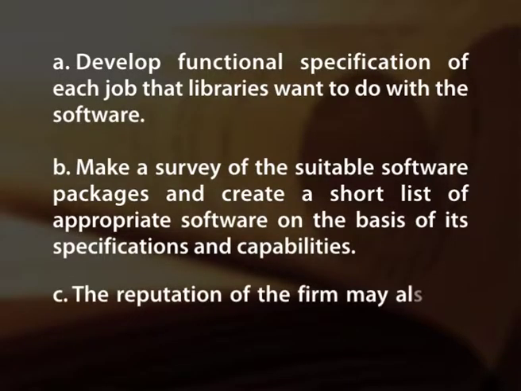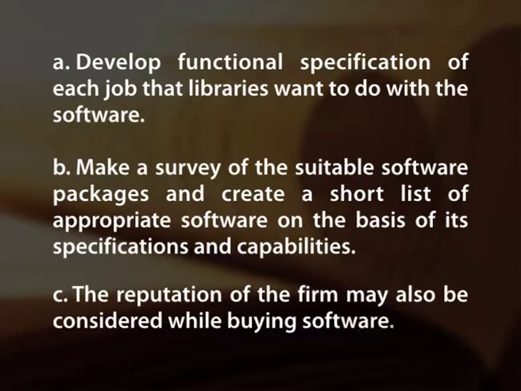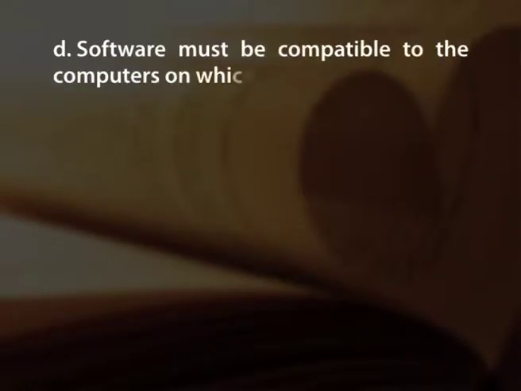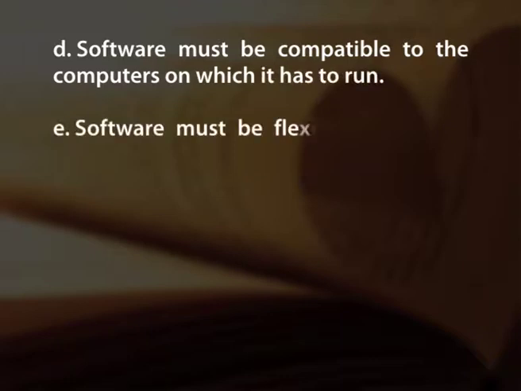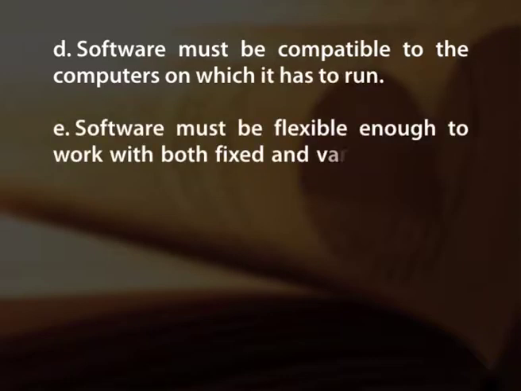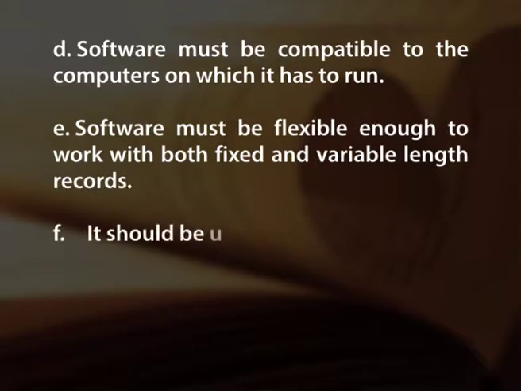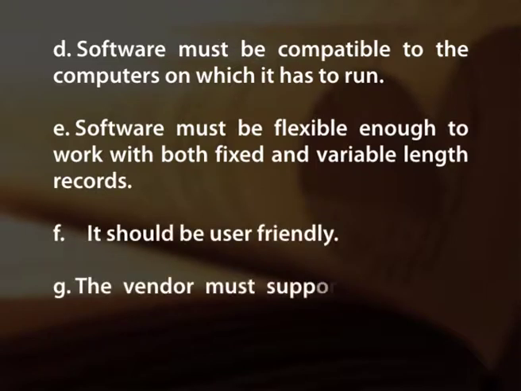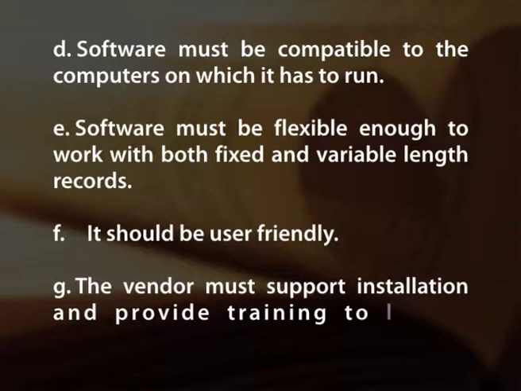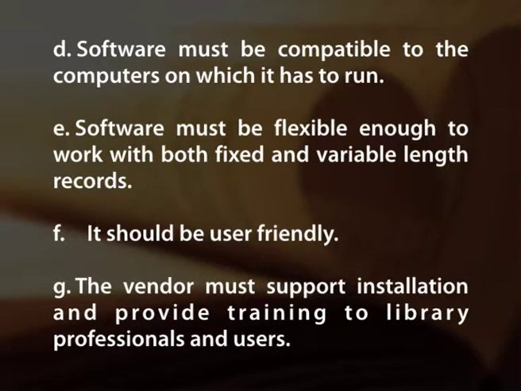Reviews of software packages published in library journals may also be examined. The reputation of the firm may also be considered while buying software. Software must be compatible with the computer on which it has to run. Software must be flexible enough to work with both fixed and variable length records. It should be user-friendly. The vendor must support installation and provide training to library professionals and users.